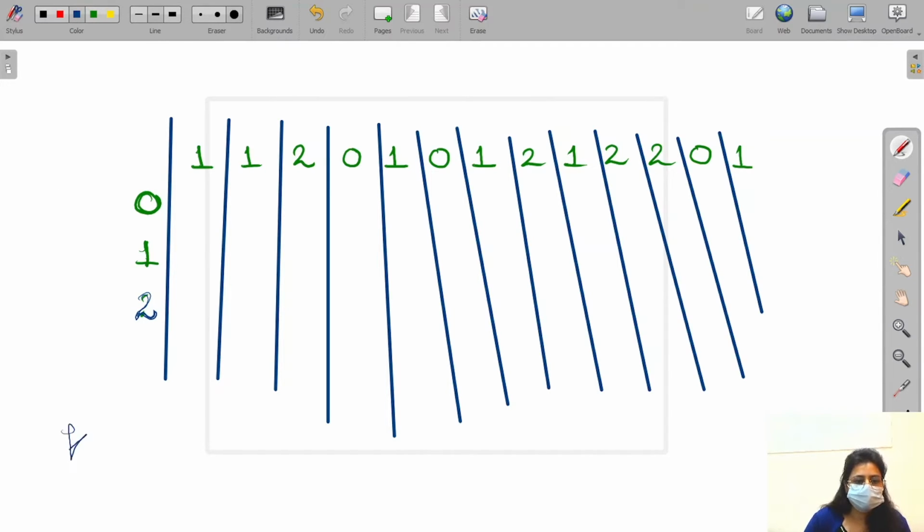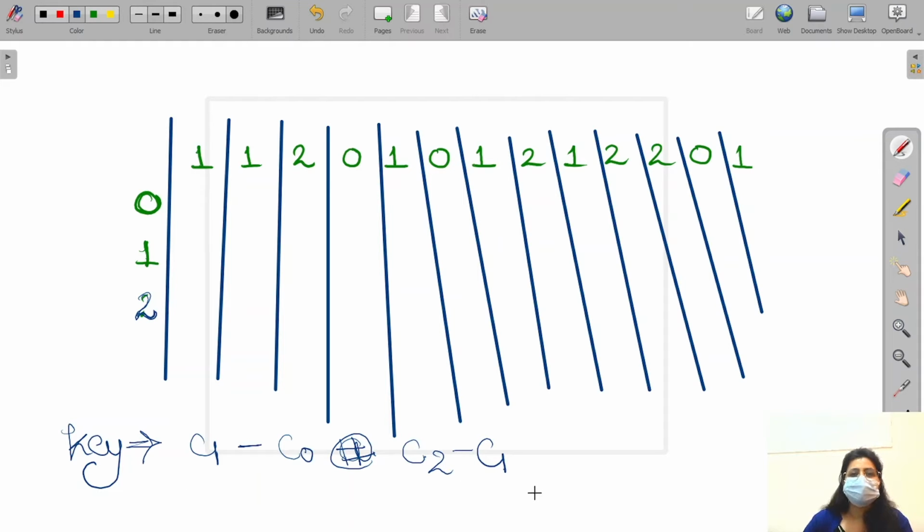Our key would be C1 minus C0, separated by a hash sign, or at the rate, whatever you want, then C2 minus C1. This would be our key by which we will judge the length of the subarray. So delta 10 at the rate delta 21. Okay, so let's start.